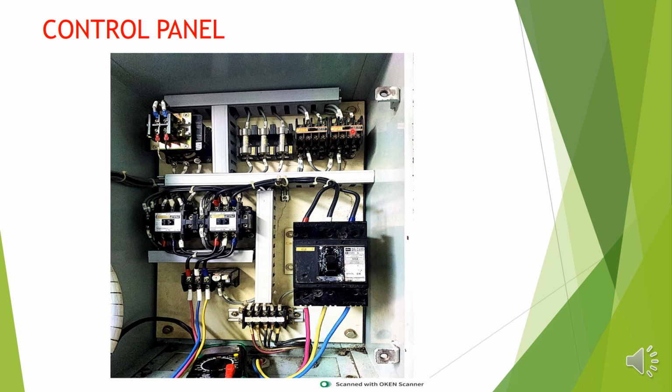Once this contactor energizes, the 88FX contact will get closed, and it will give the indication light that the motor is running in forward direction. Similarly, when 88R energizes, at the same time 88RX, this auxiliary contactor, will energize, then the contacts of this contactor will get closed, and the indication will be on that the motor is running in reverse direction.